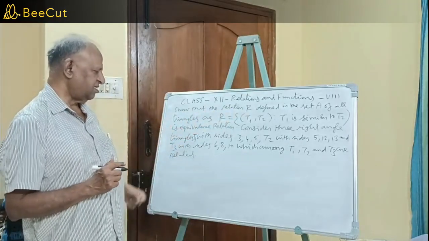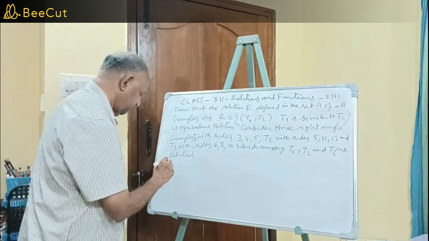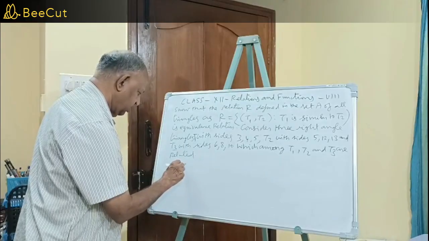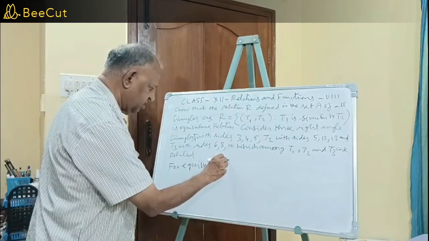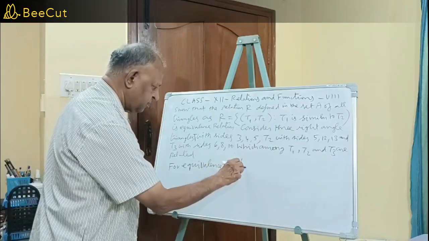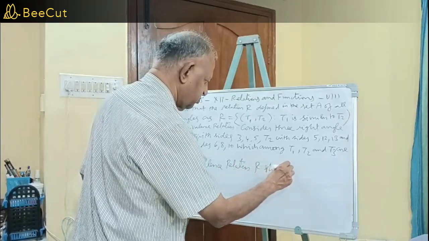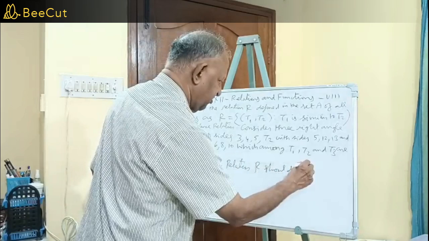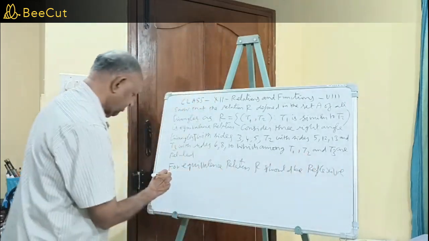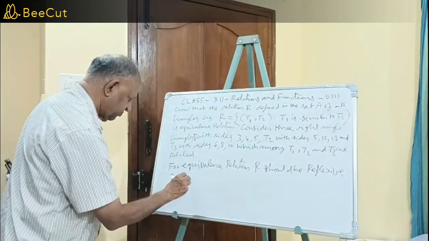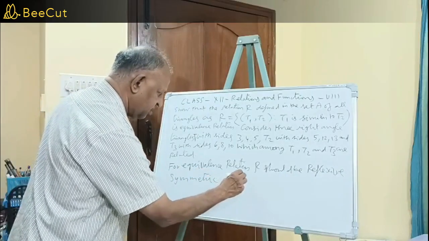For an equivalence relation, R should be reflexive, symmetric and transitive.